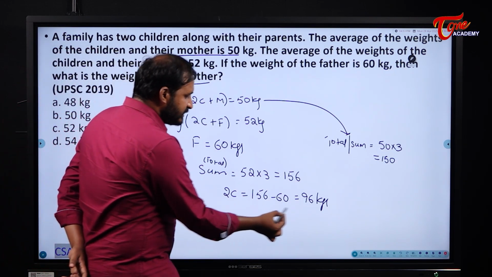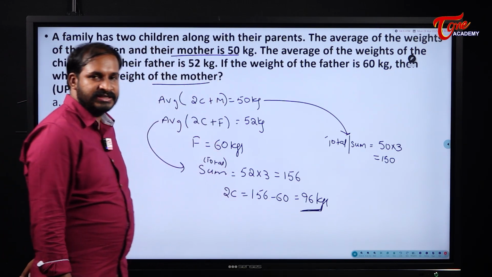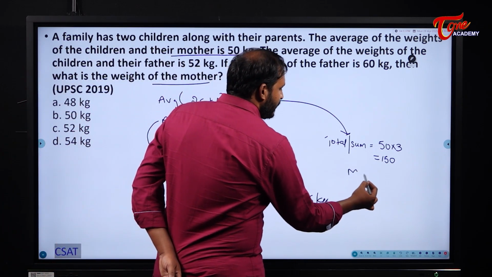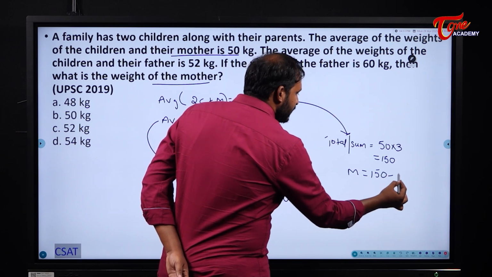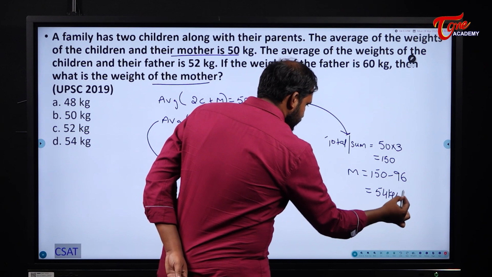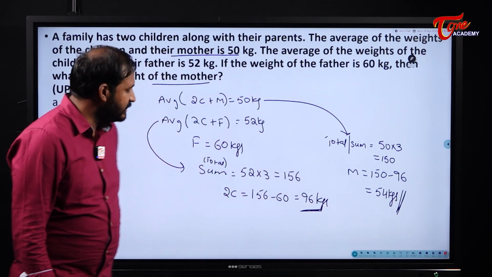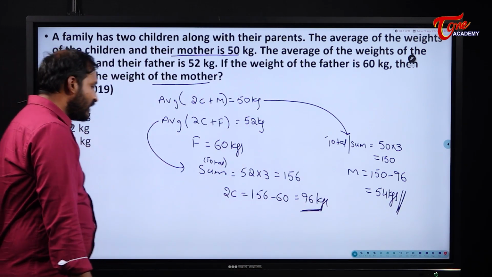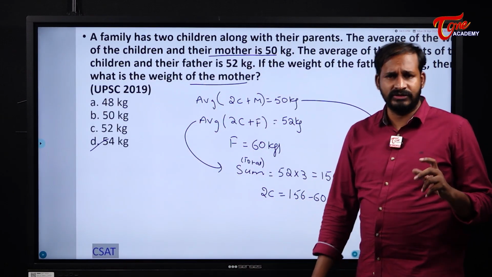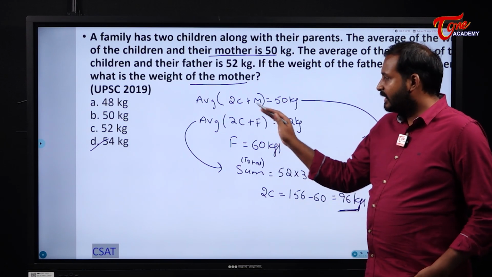Already we came to know that two children's weight is 96 kgs. So mother's weight will become 150 minus 96, which is equal to 54 kgs. Understood, students?